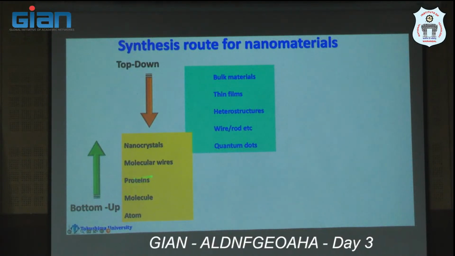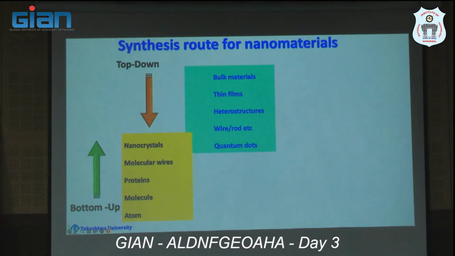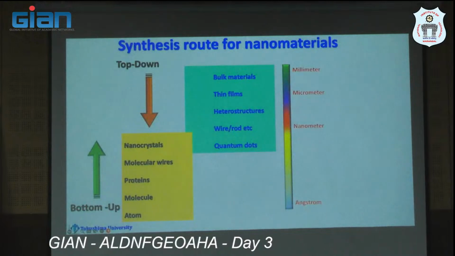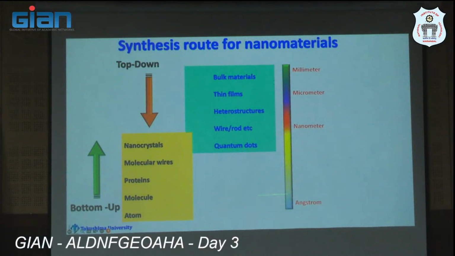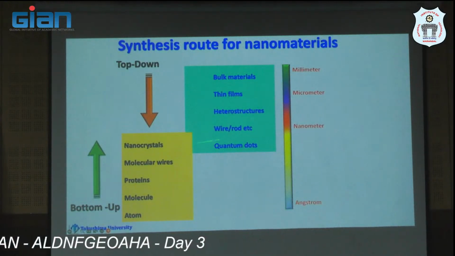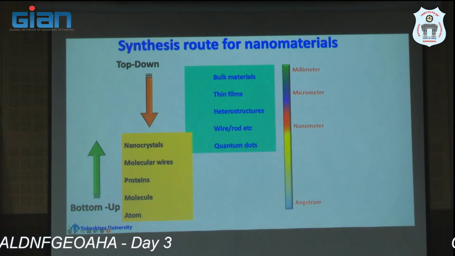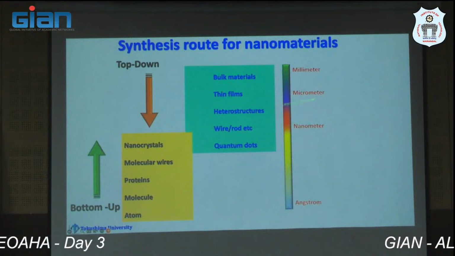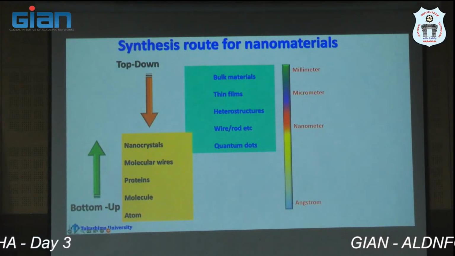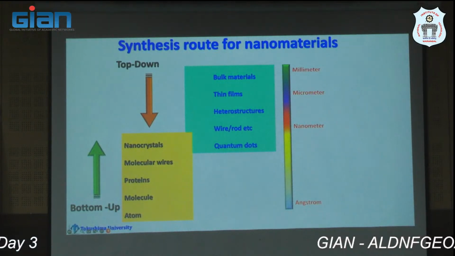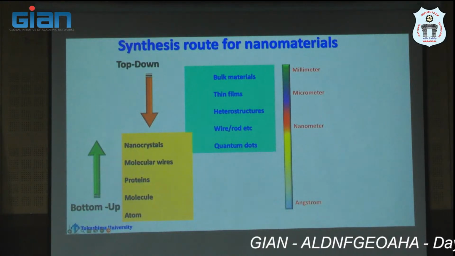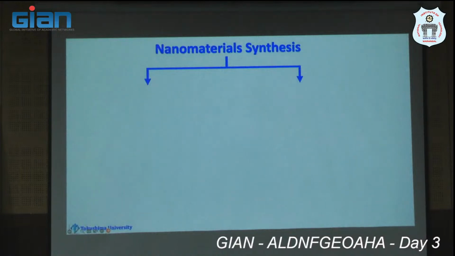In case of biology, they can also prepare proteins. This is the scale through which you can see that if you are interested in nano and micro, most of the top-down techniques are preferred to synthesize those structures.